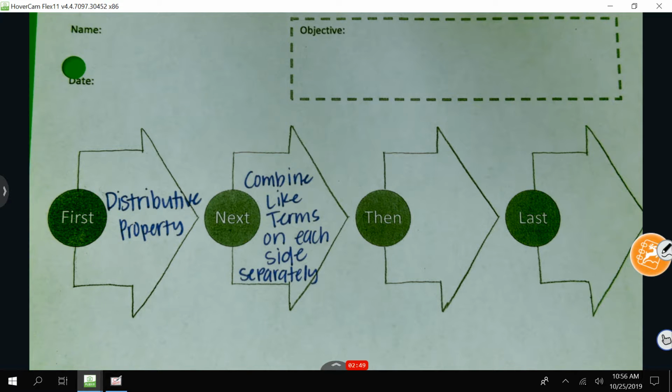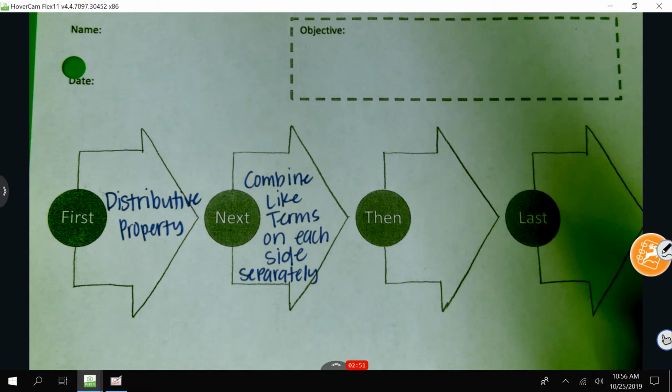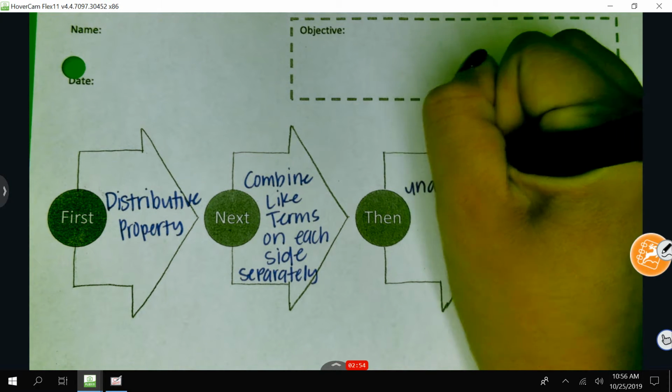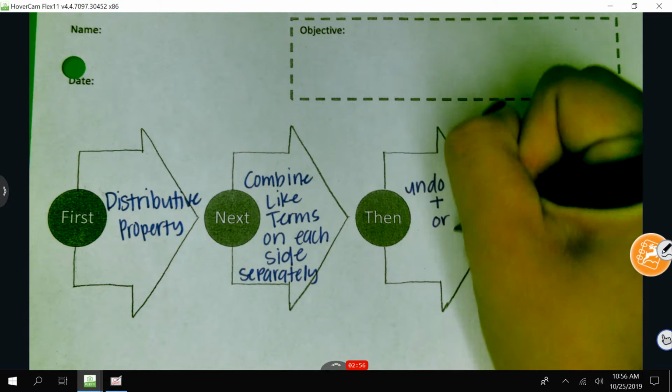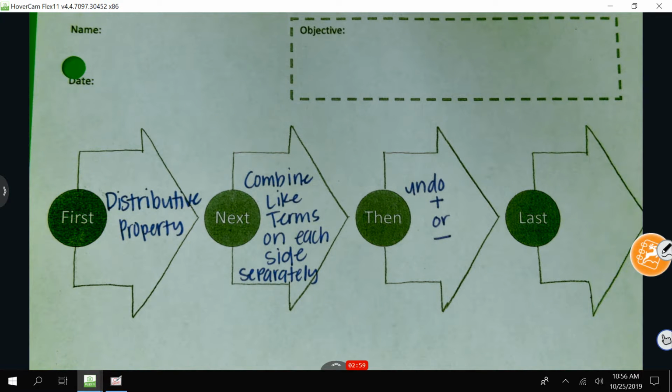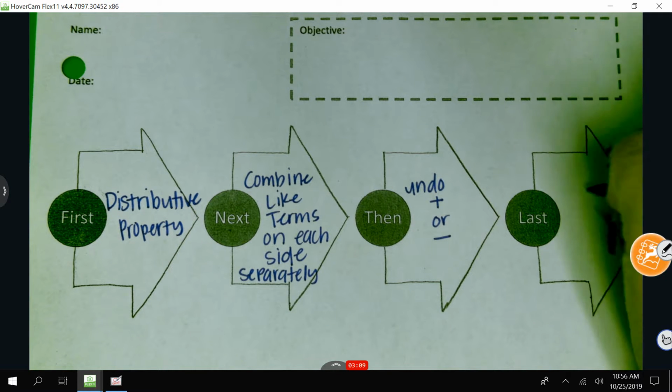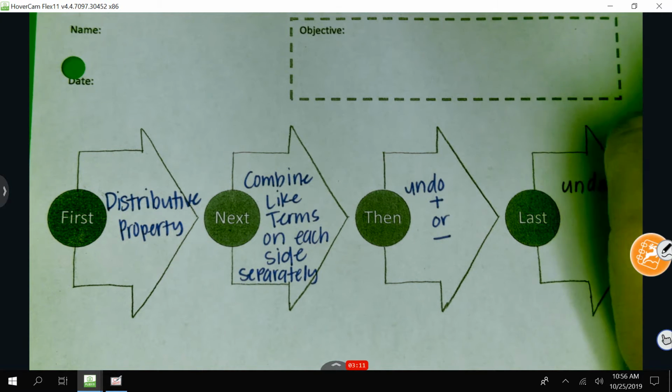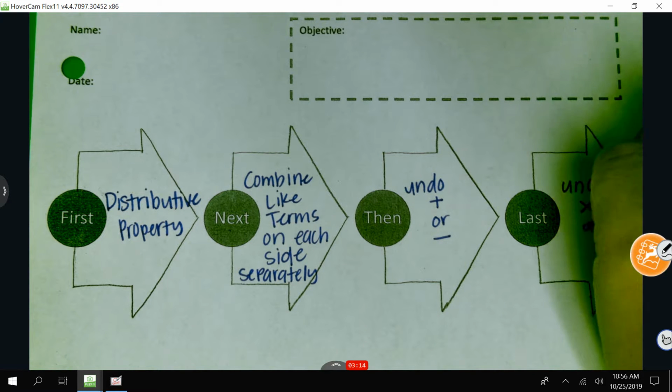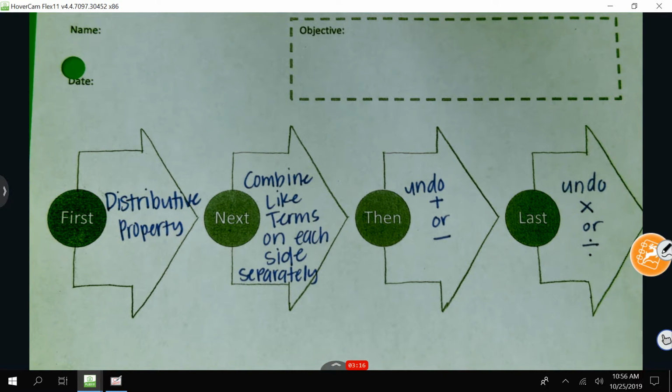So first we're going to undo all of our addition and subtraction. Undo plus or minus. And then after I do that, what's the last? Undo multiplication or division. And then once you get to that step, you should have a pretty simple equation that you know how to solve. So of course your last step would be to solve the equation.